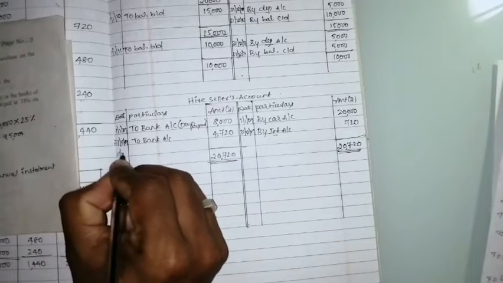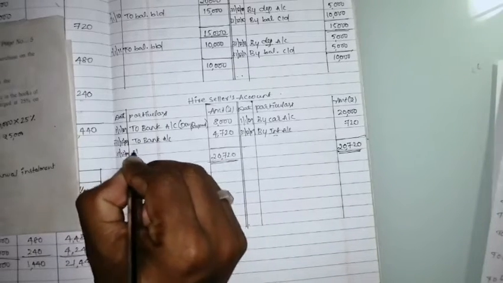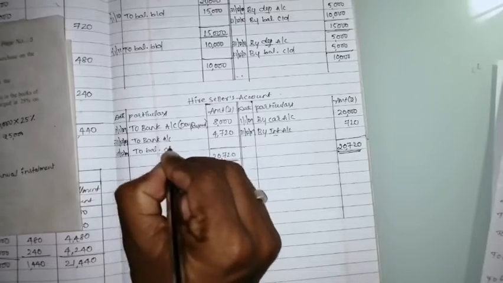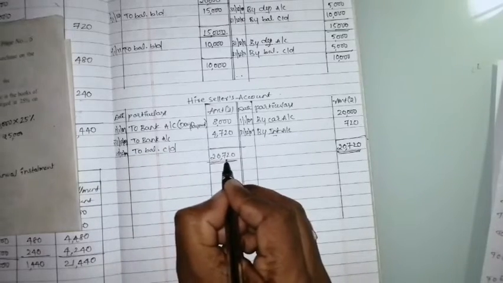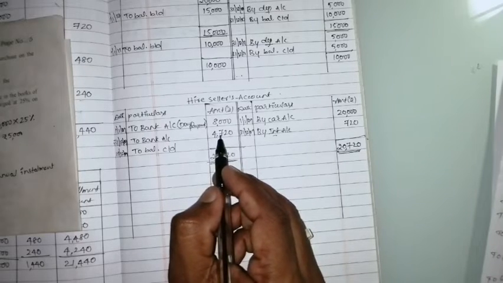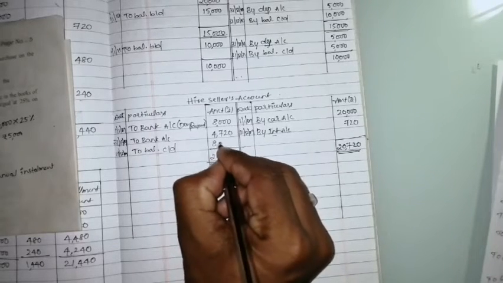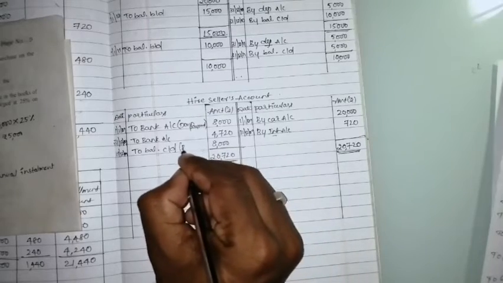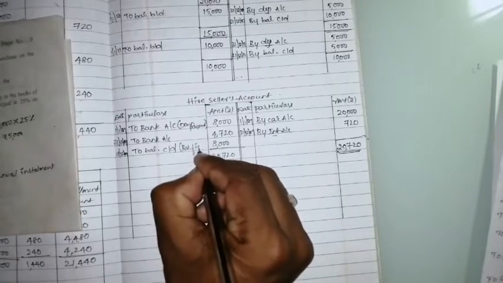On 31st December 2009, to balance carried down, 20,720 minus 8,000 minus 4,720 leads to rupees 8,000. Balancing figure.